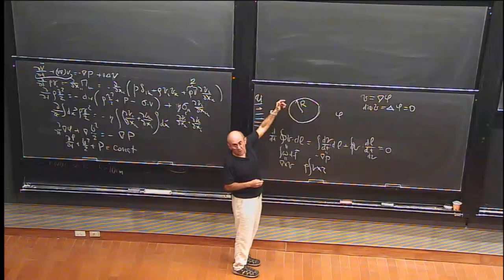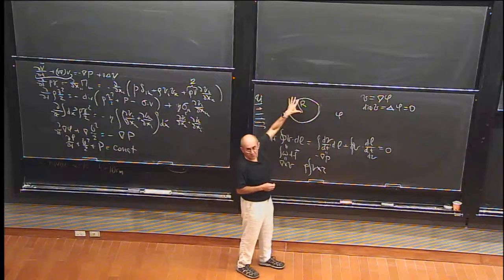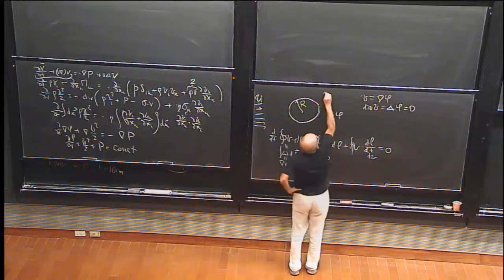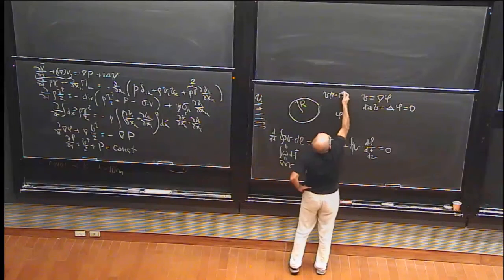And in the reference frame of still water, the velocity on the surface of a moving sphere will be u. So it means that your v of r, at r equal to the radius, on this surface will be equal to u.